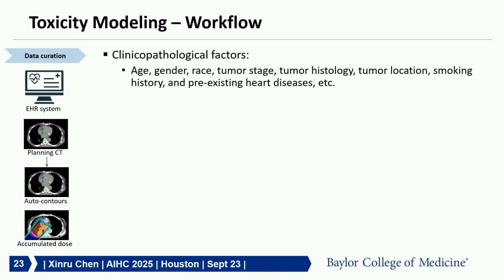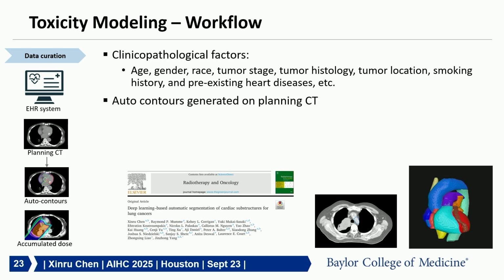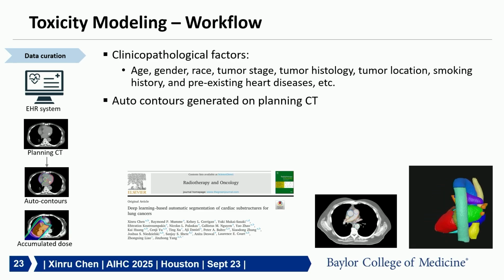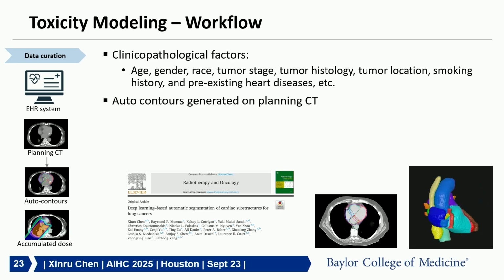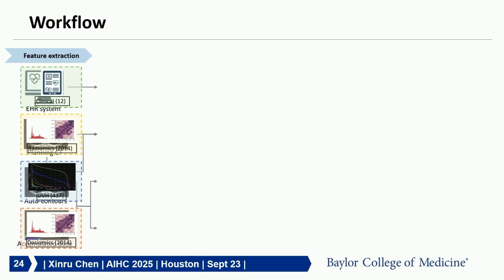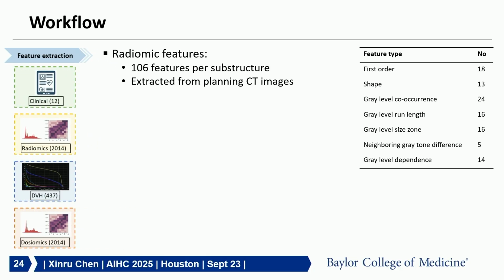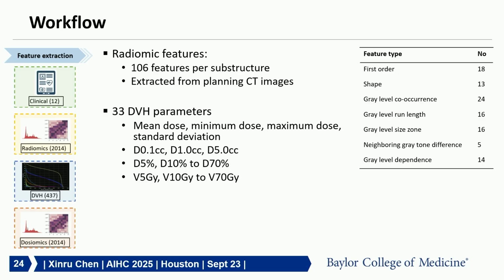We collected the clinical pathological factors for each patient, including the age, gender, race, and pre-existing heart disease. All the contours were generated on planning CT using the aforementioned tool. Then we extracted 106 radiomic features from planning CT images. We also extracted 33 dose volume histogram, or DVH, parameters, including mean, minimum, and maximum dose delivered to absolute and relative volumes, and relative volumes receiving certain doses.